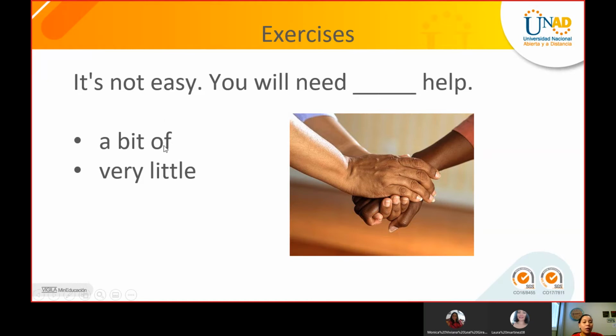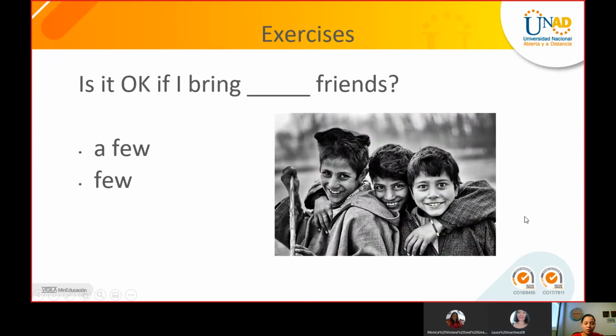Remember, "a bit of" is some help. Now, if something is easy, you will need very little help, because you don't need people helping you when something is easy. But here it is not easy. Okay, is that clear? Yes, teacher. If it's not, let me know.